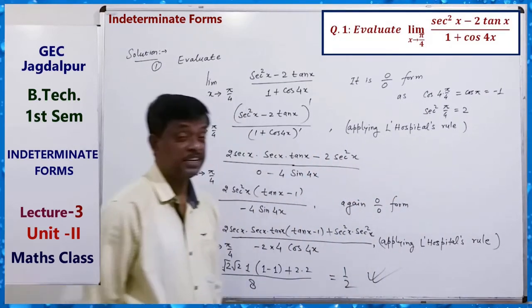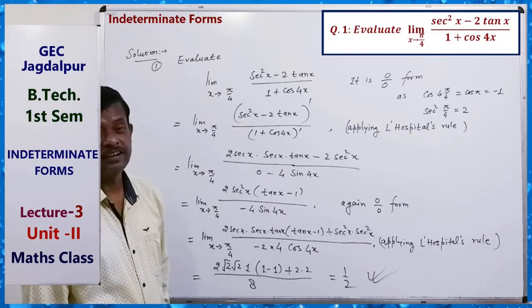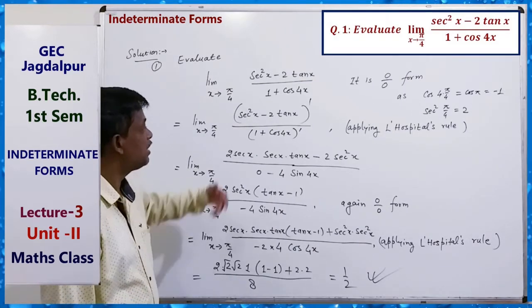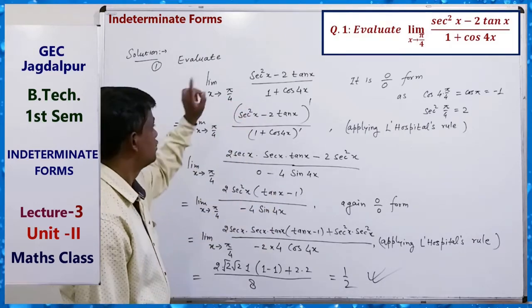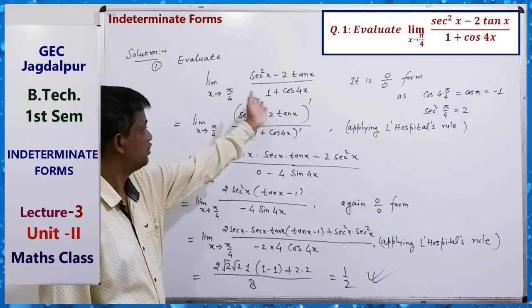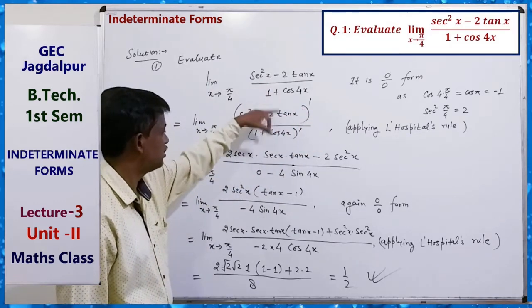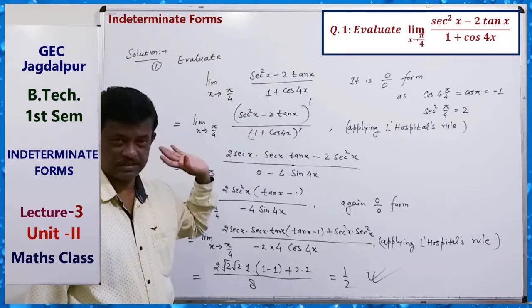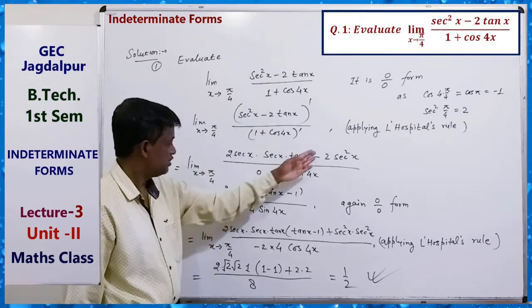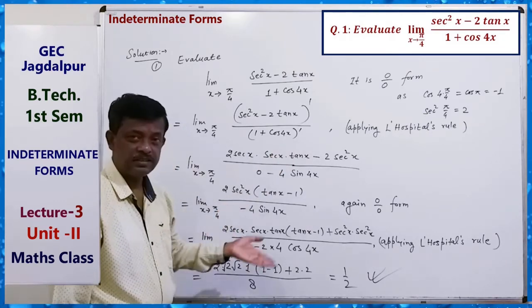Okay. So here what is the rule? Just you have to differentiate numerator and denominator separately, not by using the quotient rule. So this is 0 by 0 form. So we can use L'Hospital rule, that is differentiate both numerator and denominator separately. This differentiation is this. Now, just taking common out, and again we see that this is 0 by 0 form.